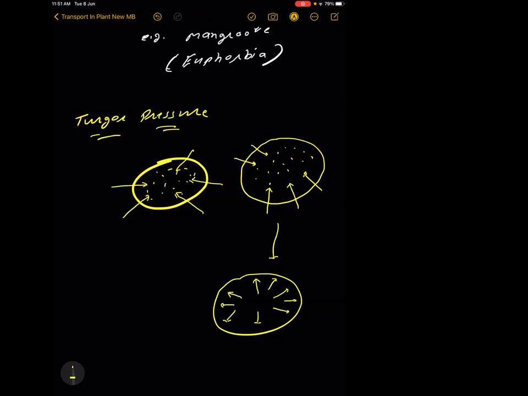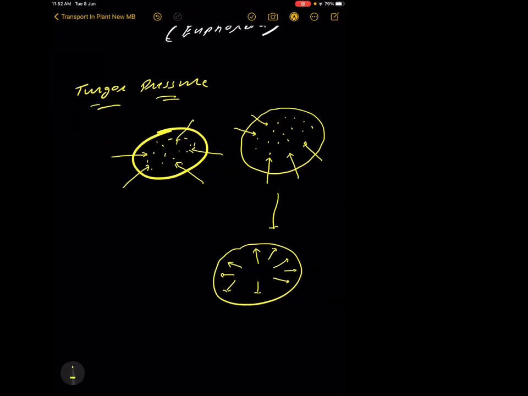Because of this pressure the cell becomes turgid. It becomes slightly large, and the complete wall, the complete membrane, is stretched. That condition is called a turgid cell, and the pressure exerted on the wall is called turgor pressure.